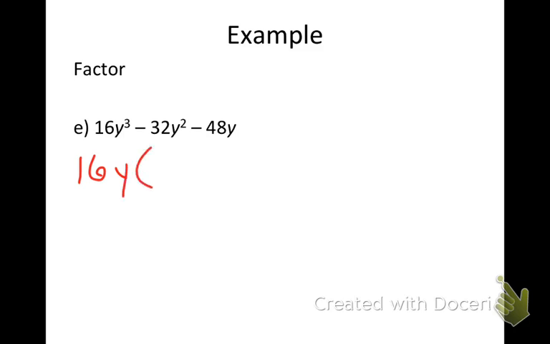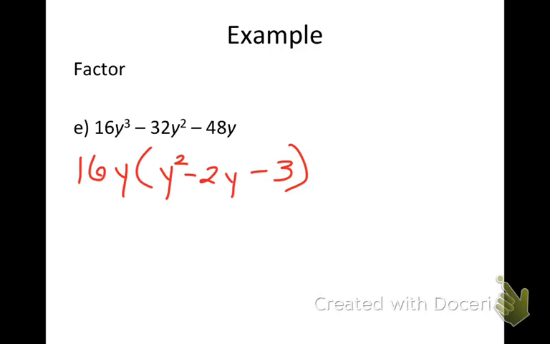So if I factor out a 16y, what's going to be left over? I have a y squared minus 2y minus 3.